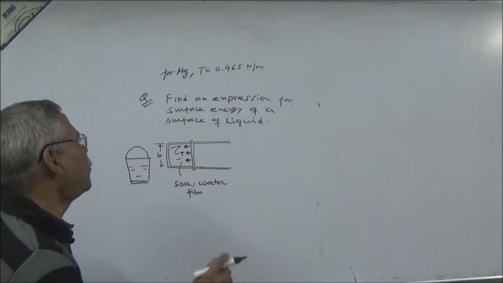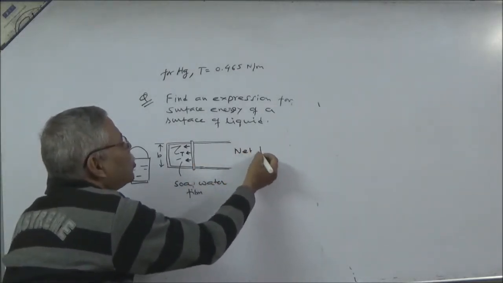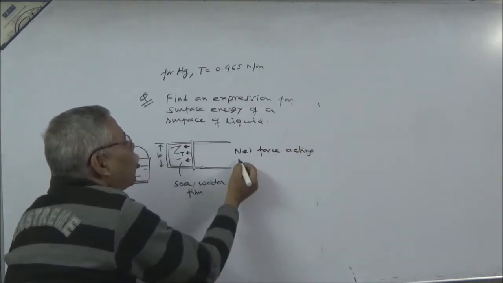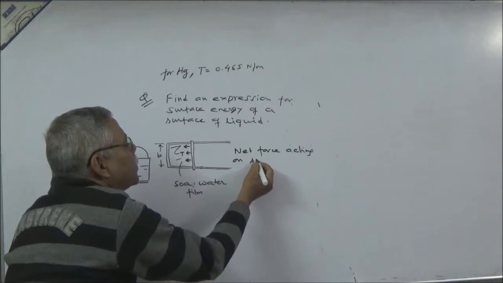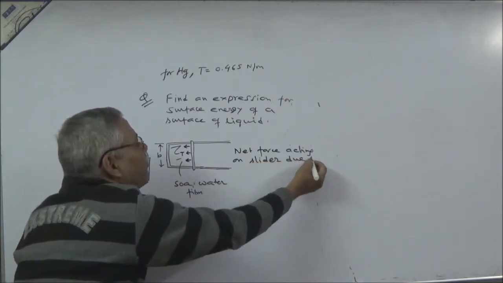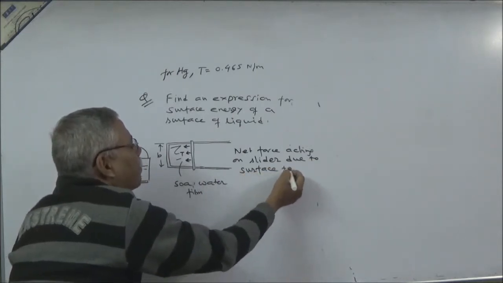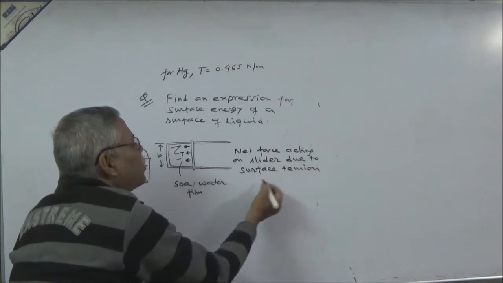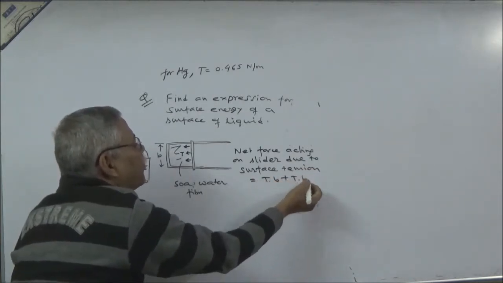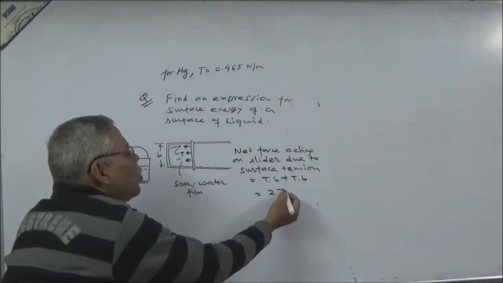So the net force acting on the slider due to surface tension is T into B plus T into B, equal to 2TB.